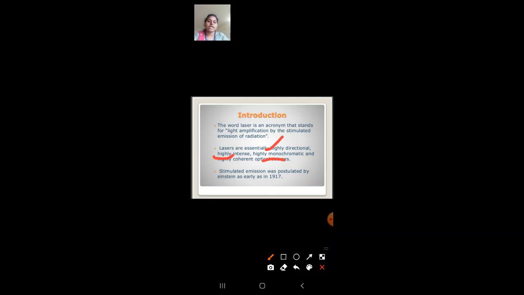The third one is highly monochromatic. Here mono means one or single, chromatic means color. So monochromatic means single color. Laser light has a single color, high intensity, and travels a long distance.